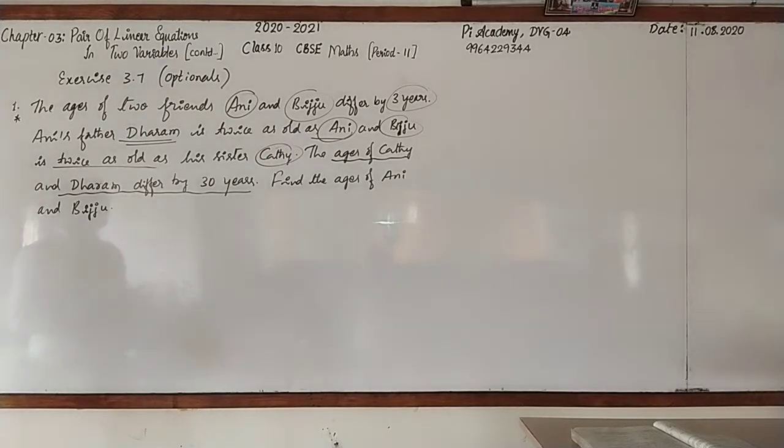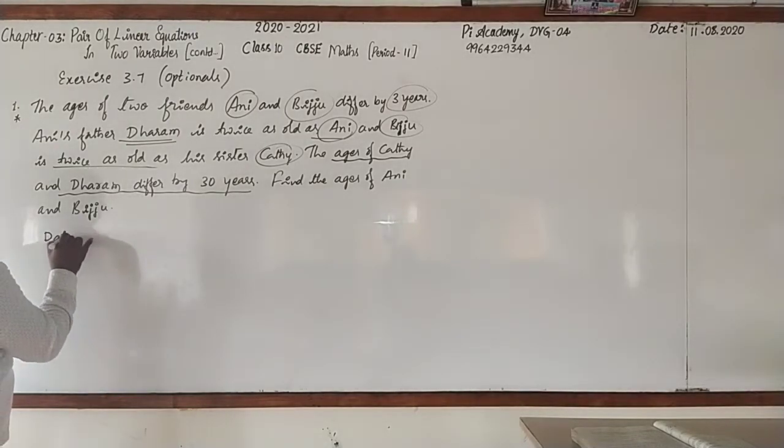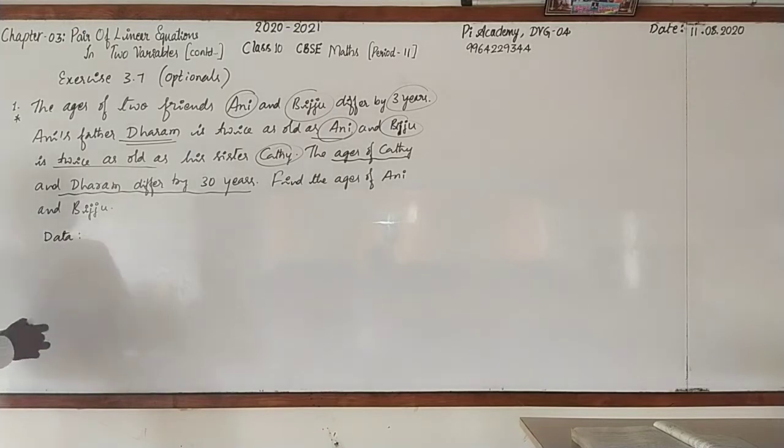Now, let's go for that. Once you copy this question, afterwards you should keep on writing with me. Hope that you have copied and start writing with me. Here, you are going to find out the ages of Ani and Biju. Do you know their ages? Unknown.